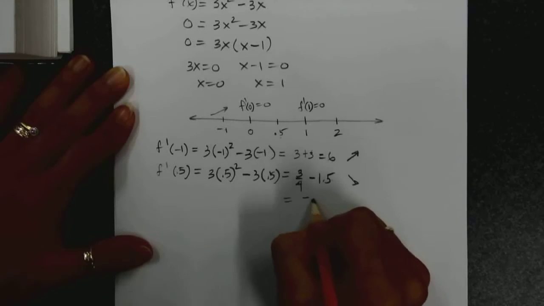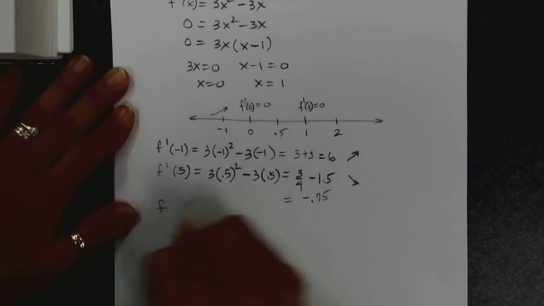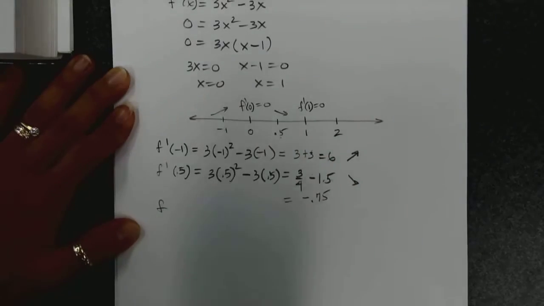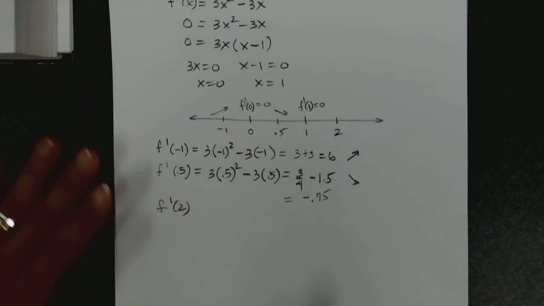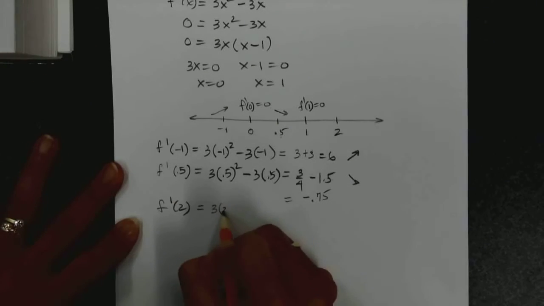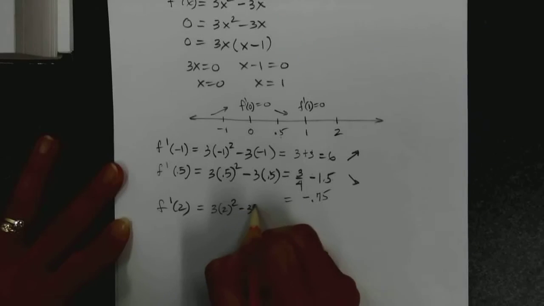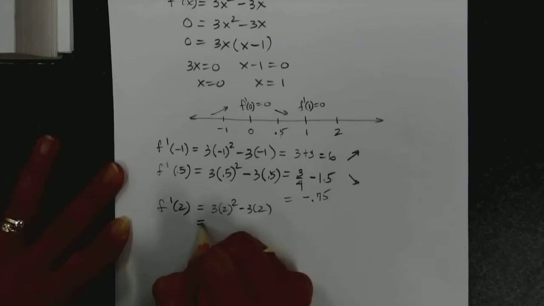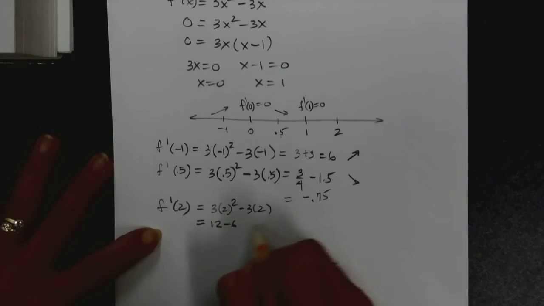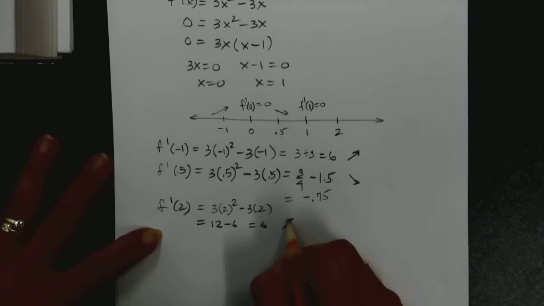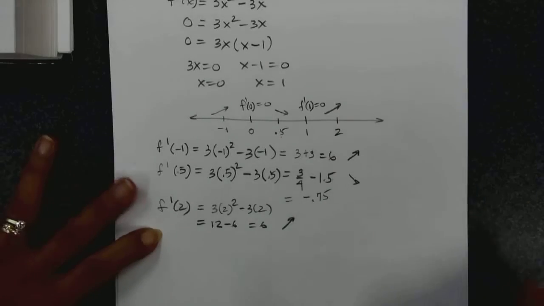So this is decreasing, so we're going down. And then at 2, f prime of 2 is equal to 3 times 2 squared minus 3 times 2. That's 12 minus 6, which is 6. So this is increasing from here to here.